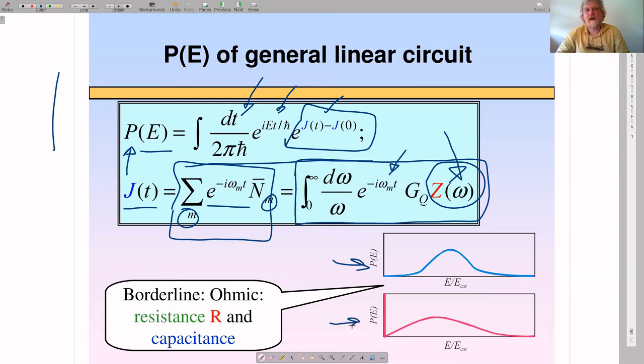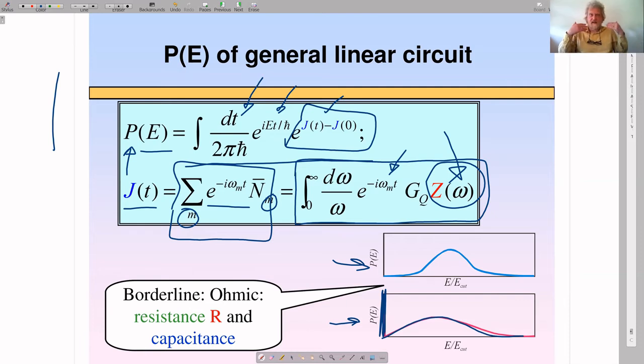The second type looks more like the case we have considered, the case of peak coupling. So there is a delta peak at 0. There's a finite probability to tunnel without energy loss, and there's also some probability to tunnel with energy loss. Right, there are two different cases.